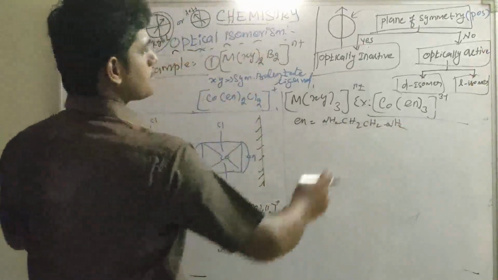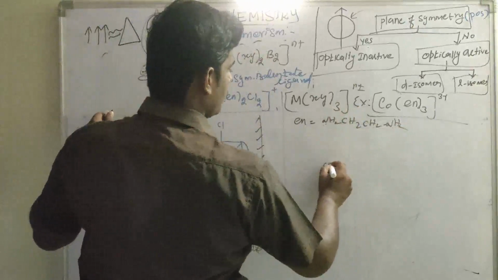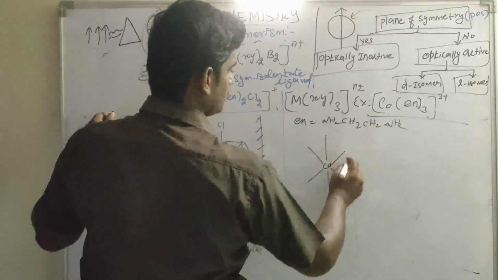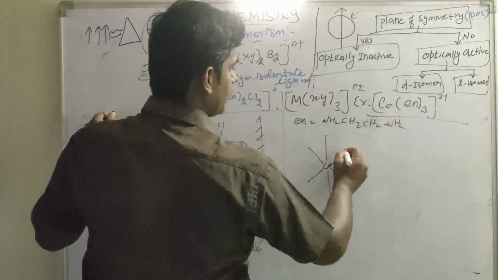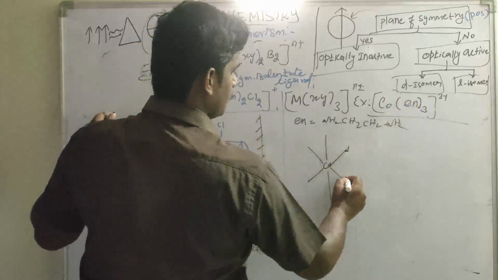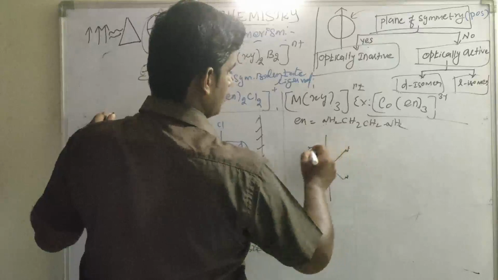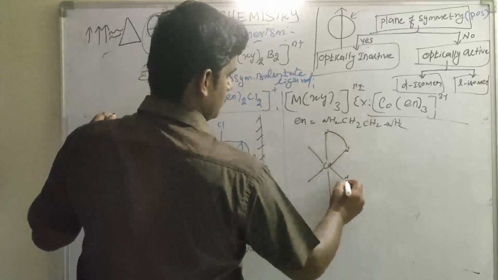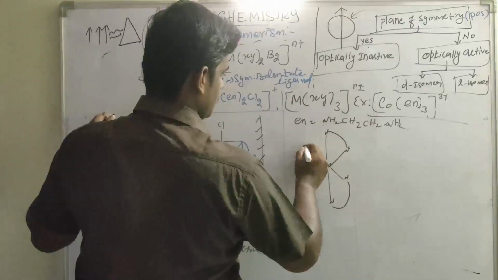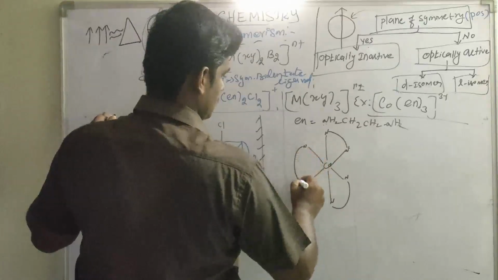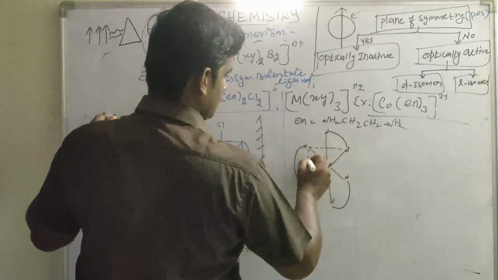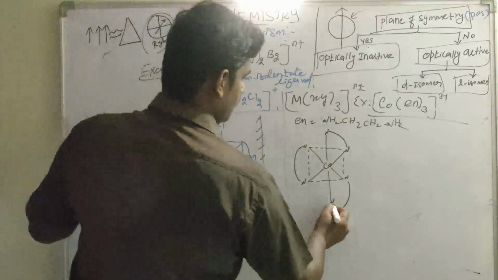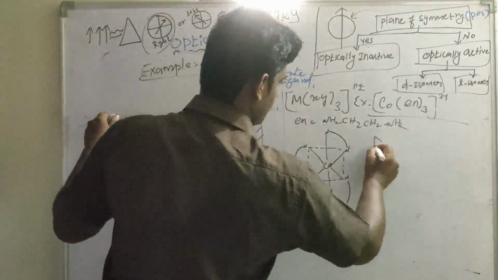In this complex, the central metal atom is cobalt, with ethylene diamine ligands. We put the mirror.